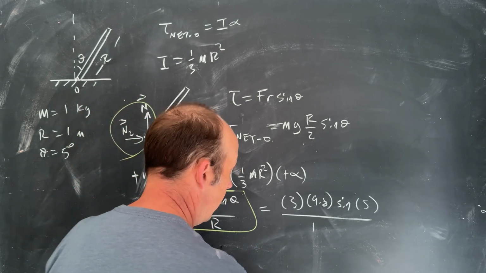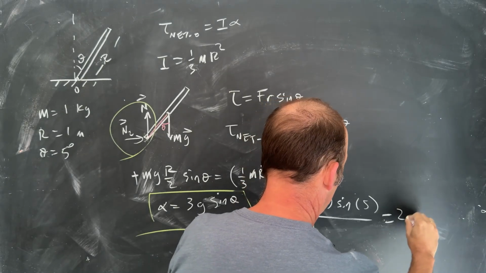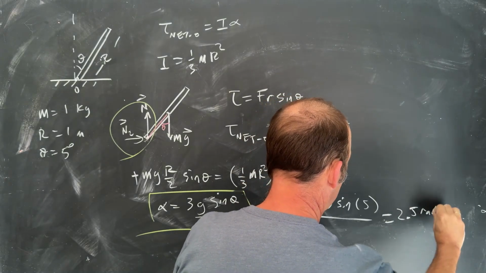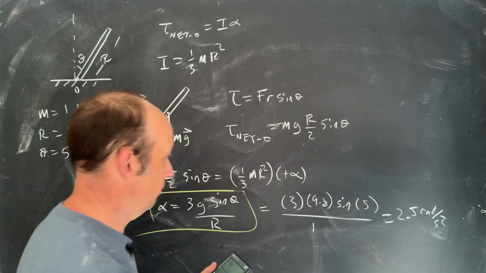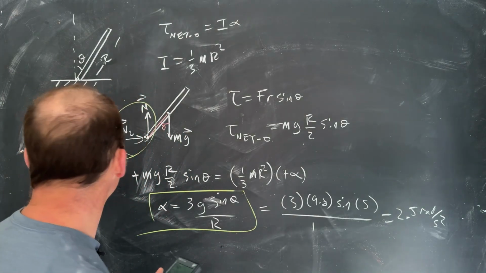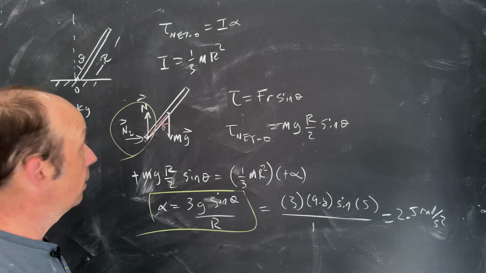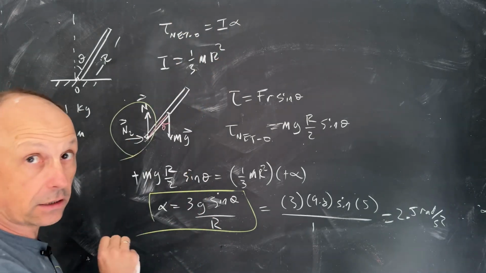So I get an angular acceleration of 2.5 radians per second squared. Yep. Okay. Cool.